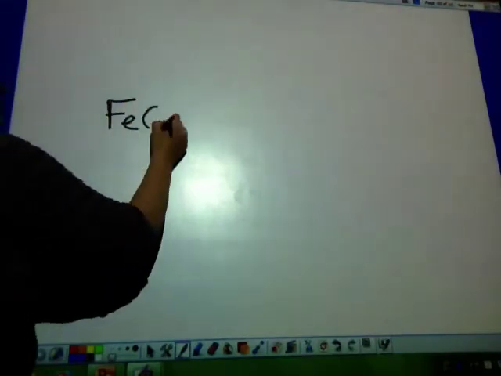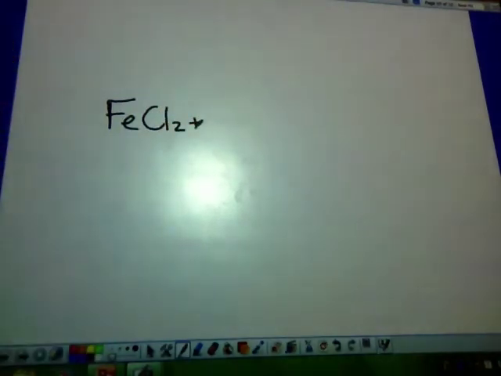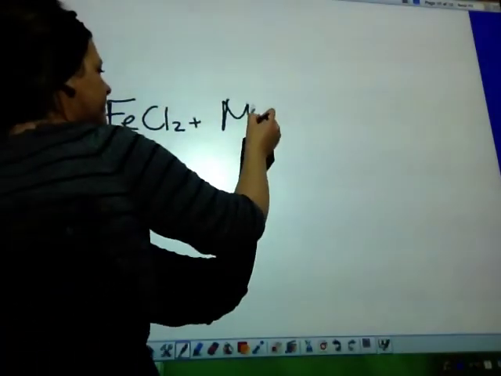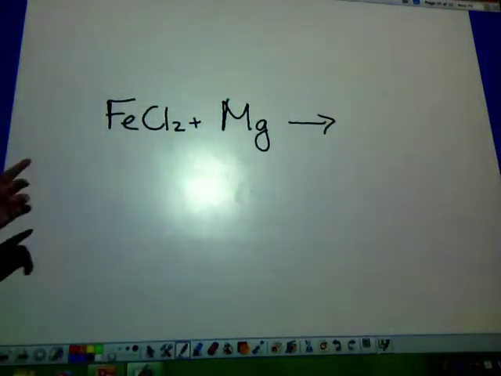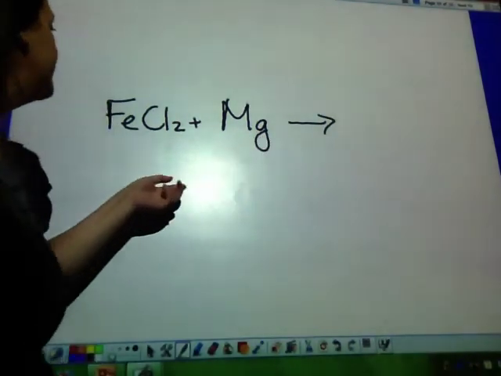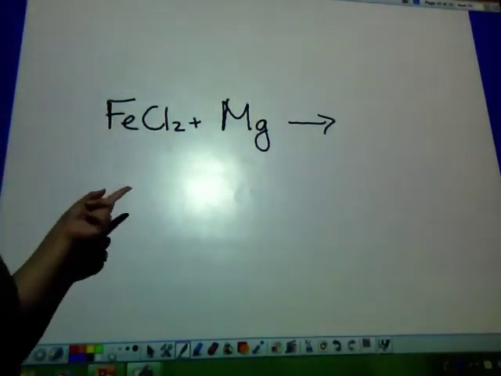Okay, so let's say, for example, we did iron 2 chloride, so FeCl2, and let's react that with magnesium. I need to look here to see, can this magnesium metal take the place of iron in this compound?